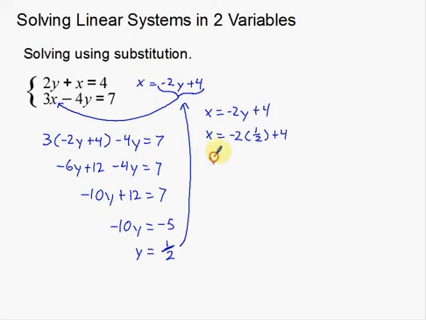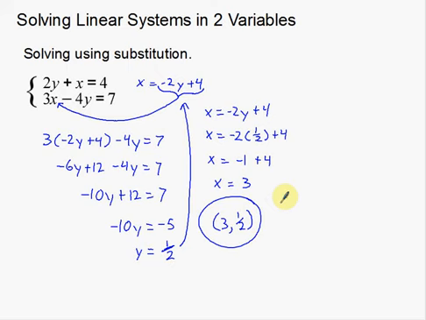Negative 2 times 1/2 is simply negative 1, plus 4. Therefore, x is equal to 3. Then my solution, how I usually write it, is as a coordinate. Got to get the parentheses on your coordinates. So my solution is (3, 1/2). My x coordinate is 3, and my y coordinate is 1/2.